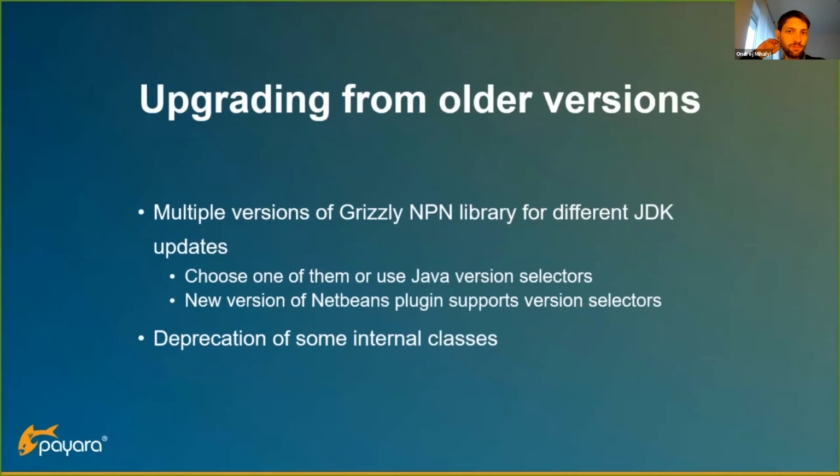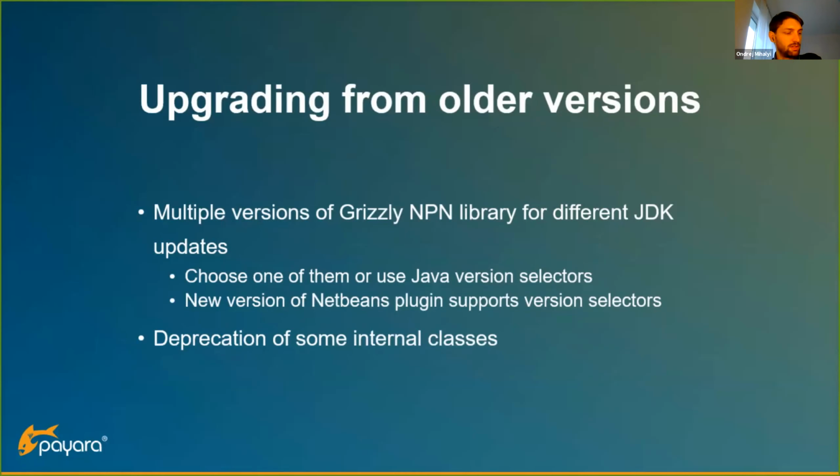First I want to mention that there are slight differences between version 1.8.3 and 1.8.4, mostly because there are new JDK versions which broke the behavior of the Grizzly NPN library. So we had to provide different versions of the library for different JDK versions.